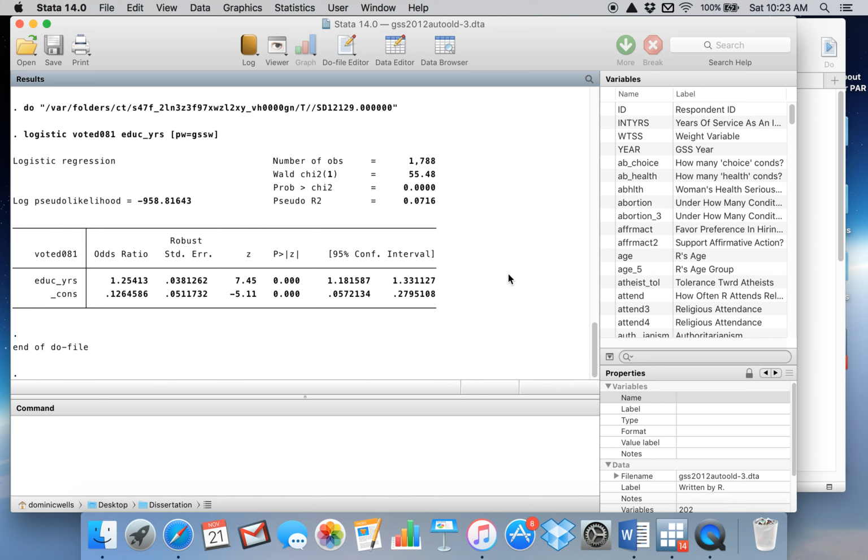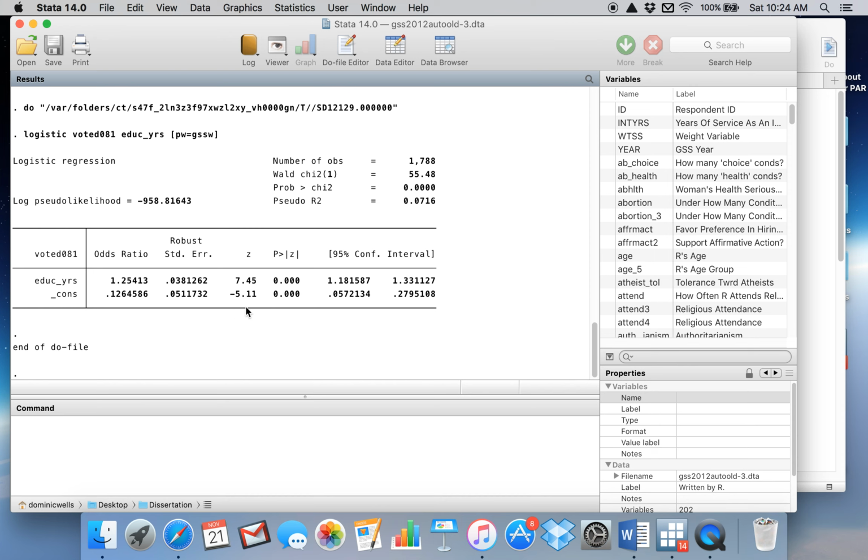An odds ratio equal to 1 says there's no relationship. An odds ratio greater than 1 says that the odds of the dependent variable occurring increase as the independent variable increases. So there's a positive relationship.